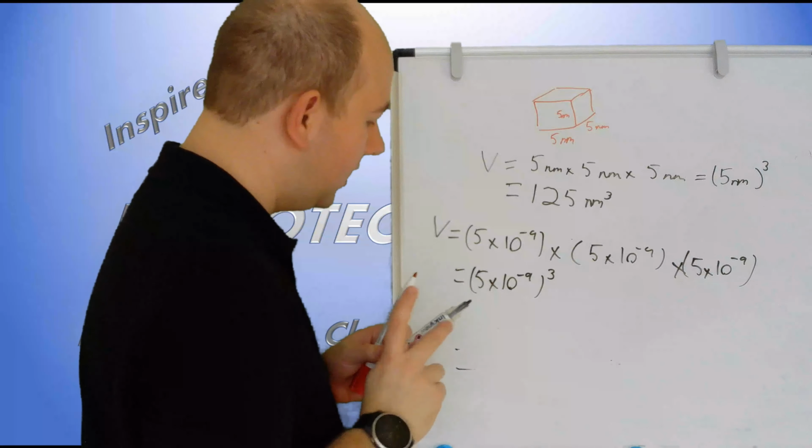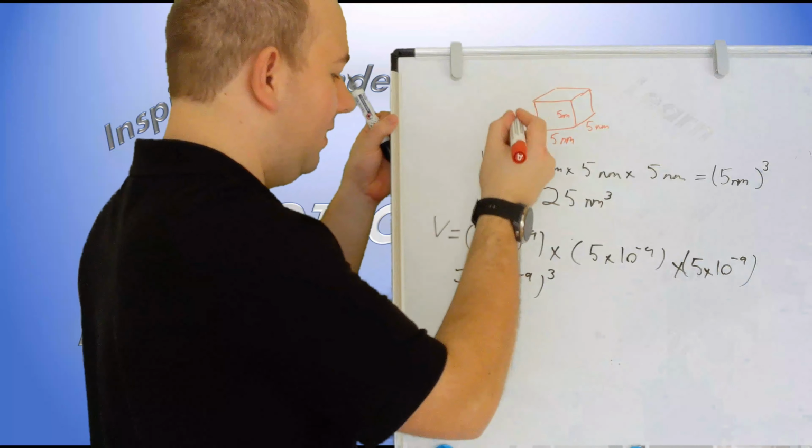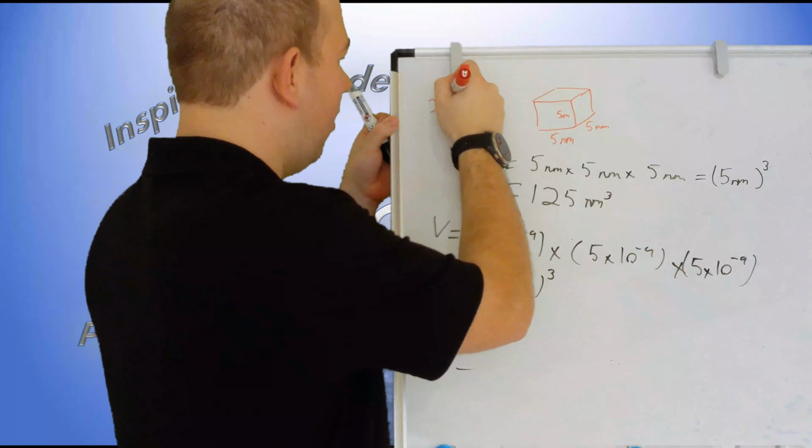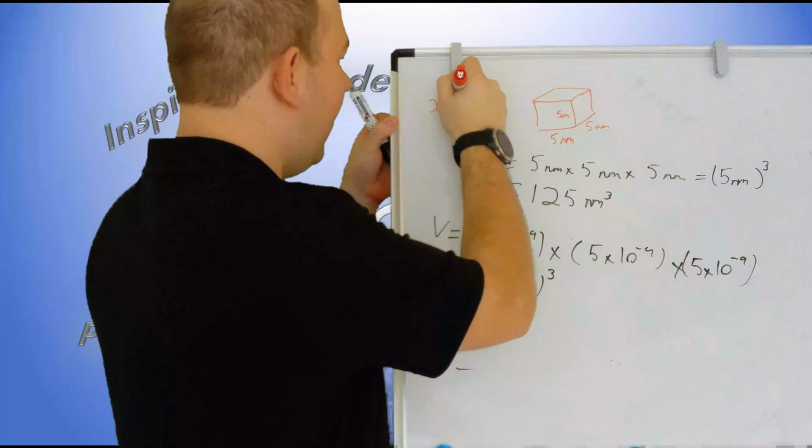So again in the previous video we came up with a rule for this. So if we had a value of x to the power of a, all to the power of b, we said that this was the same as x to the power a multiplied by b. So we can now apply this rule to here.